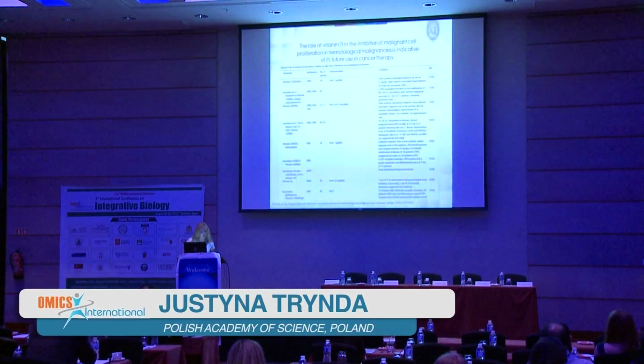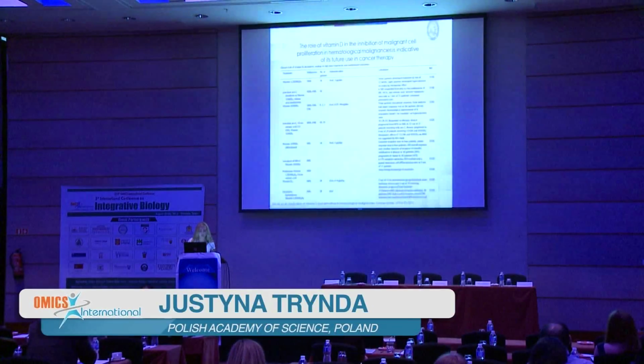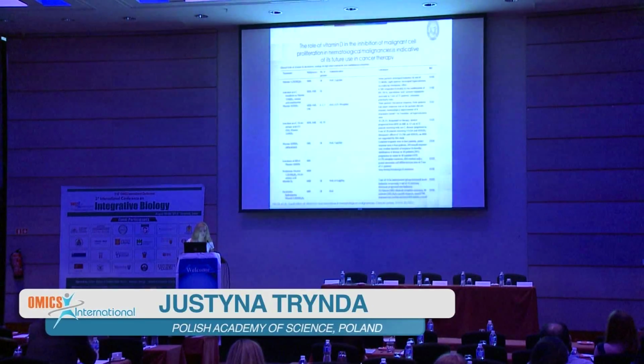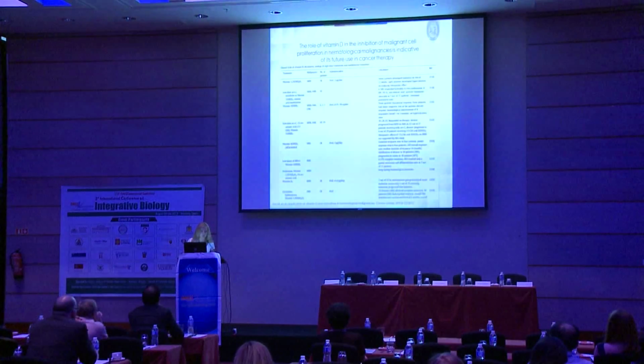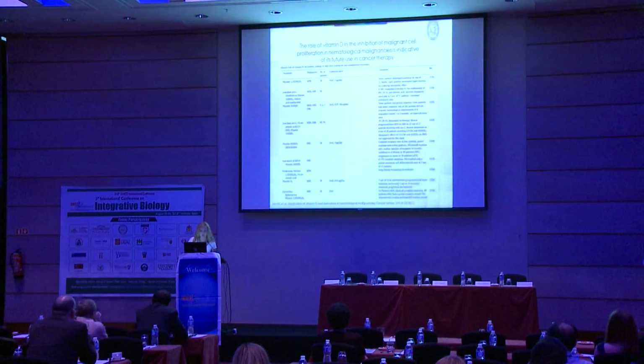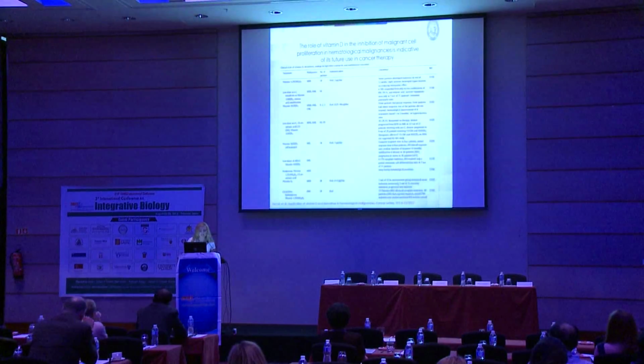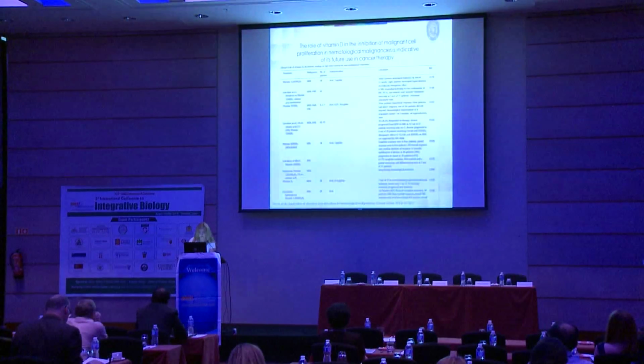One of the compounds which has been mainly successful in hematological malignancy clinical trials is the active form of vitamin D, calcitriol, and its analogs. The role of vitamin D in the inhibition of malignant cell proliferation is indicative of its future use in cancer therapy.